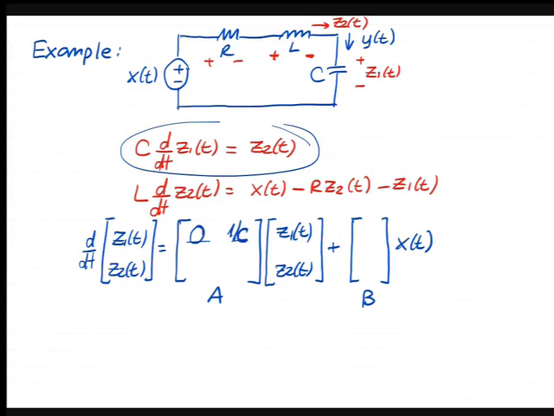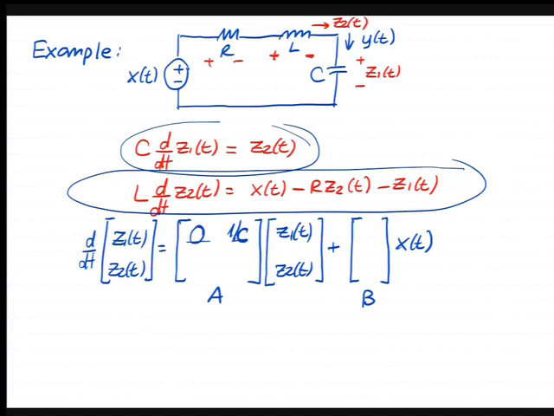All right. Now let's look at this one. Oh, and also no x appeared, right, in the first equation. So a 0 goes here as well. Now these three will come from the second equation, right? z2 dot will be 1 over L times whatever you see in the right-hand side of that equation. So what is this first entry then?